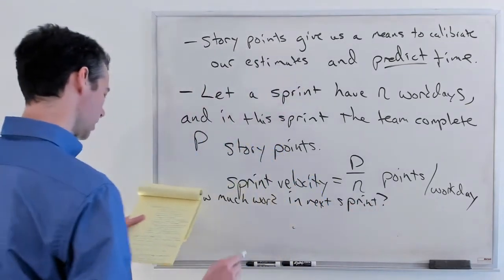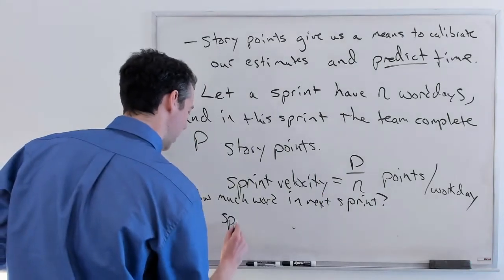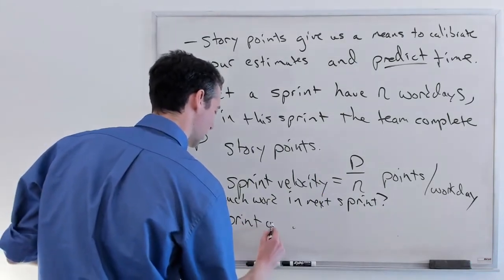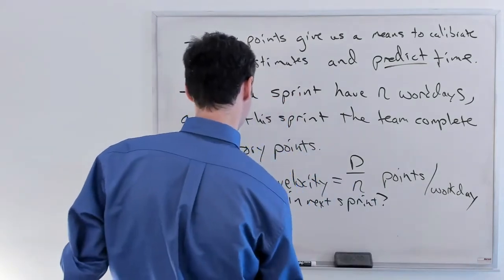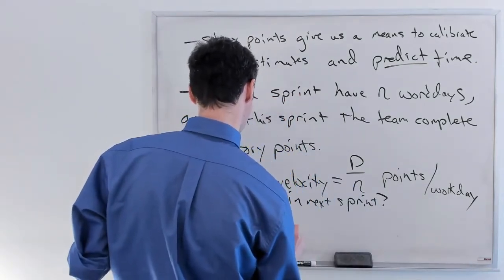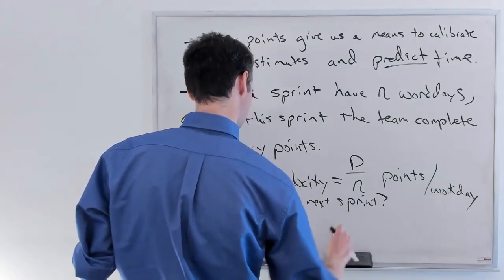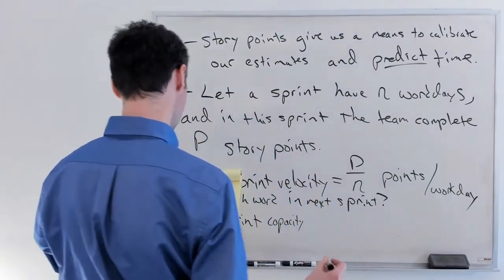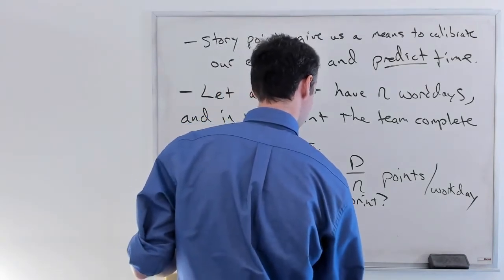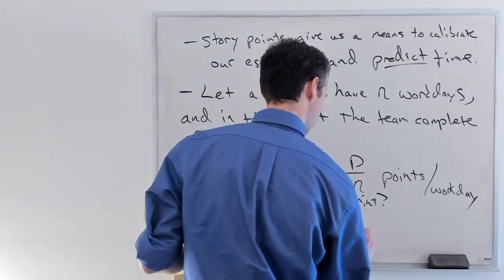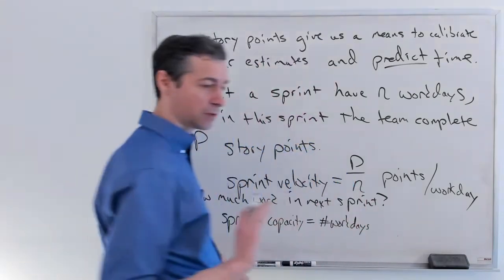Oh, that's pretty easy. We call this the sprint capacity. You should have already figured out how to do it, but we're putting it on the board so that no one can say they never were told. Sprint capacity is equal to the number of work days in the new sprint, because your sprint can have a different number of work days.